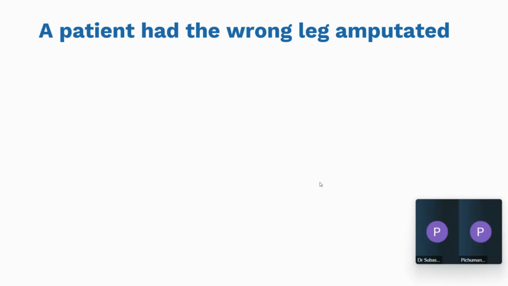Sorry. So the problem that you have encountered is, suppose you are the chief safety officer at a hospital, chief patient safety officer, and you have come across this problem. The problem is that they have amputated the wrong leg. Instead of the right leg, the left leg has been cut off.